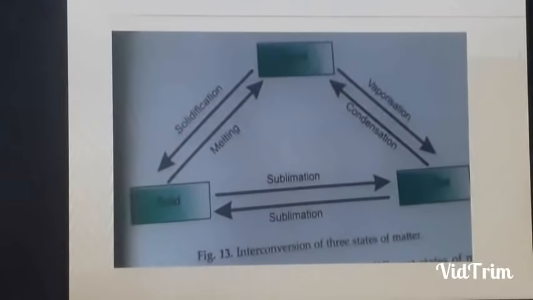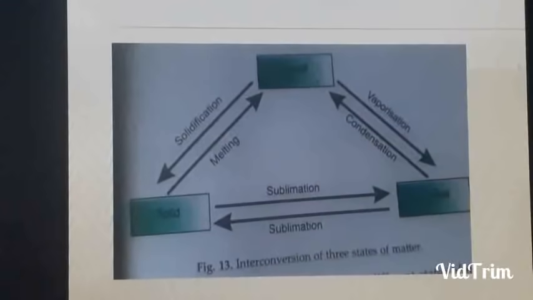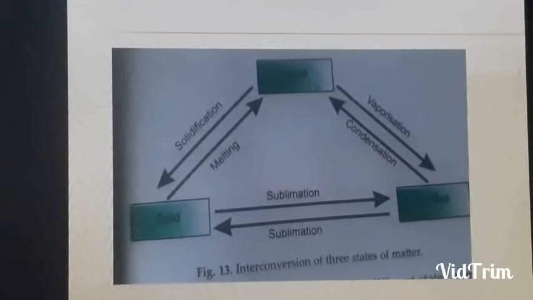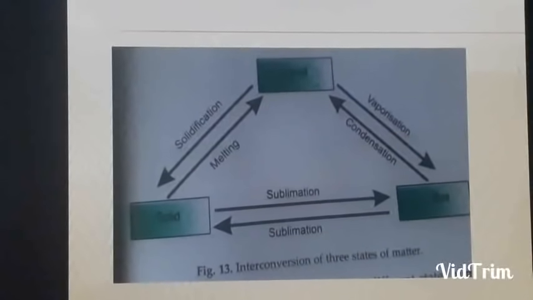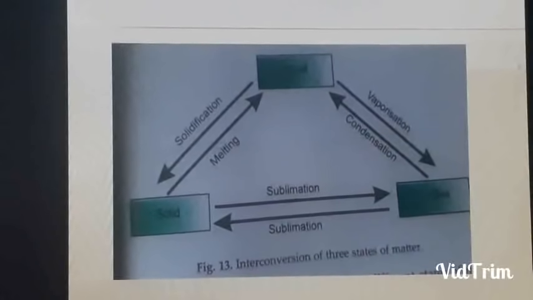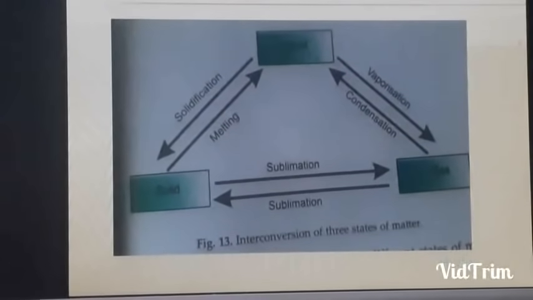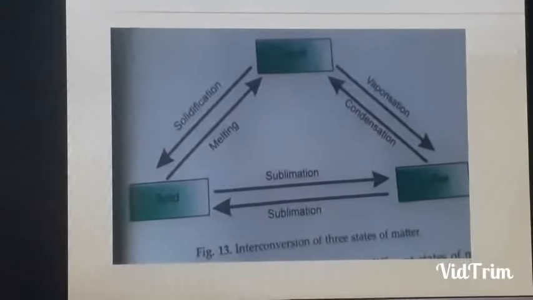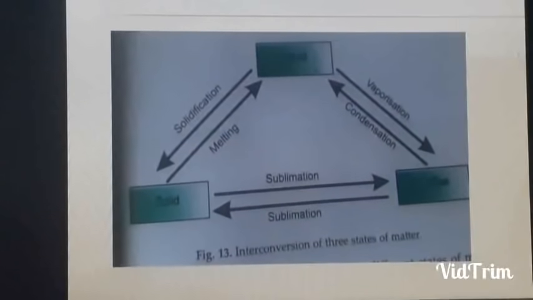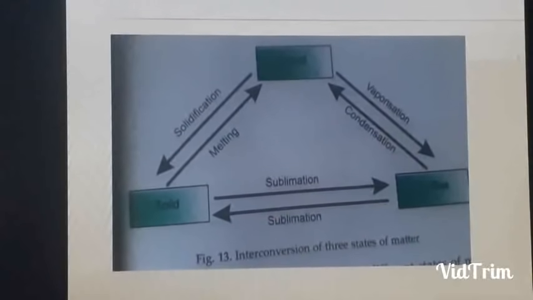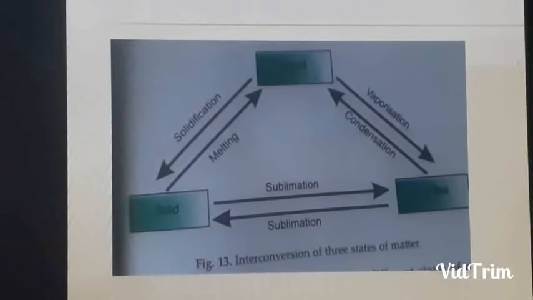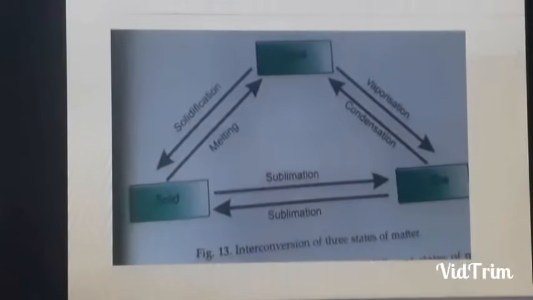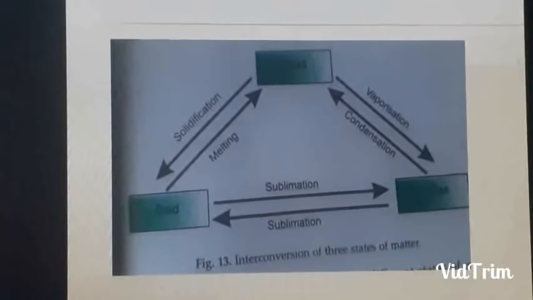To come back from gaseous state to liquid state, we cool, and this process is called condensation. From liquid back to solid, again we need to cool the liquid, and this is freezing, also known as solidification.